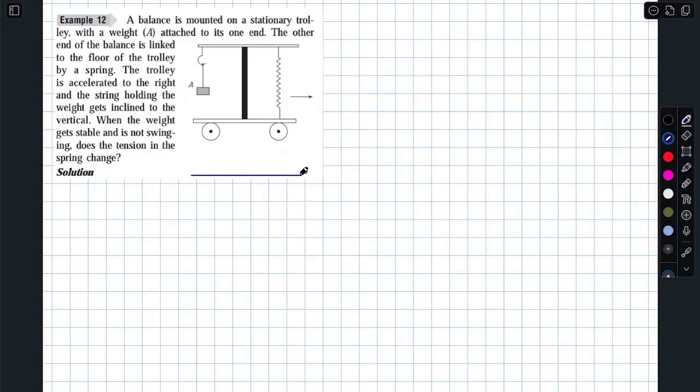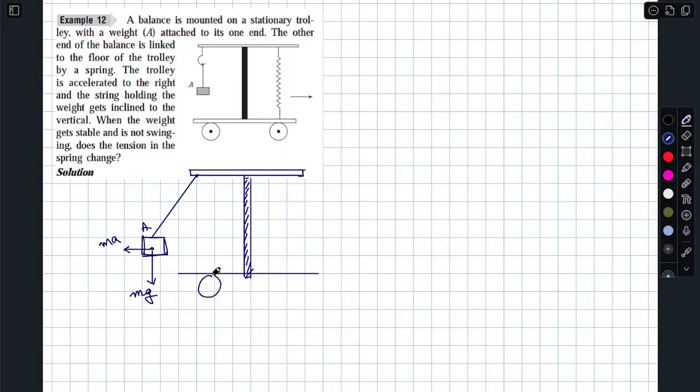Now, actually, in the course of the motion, mg, right?